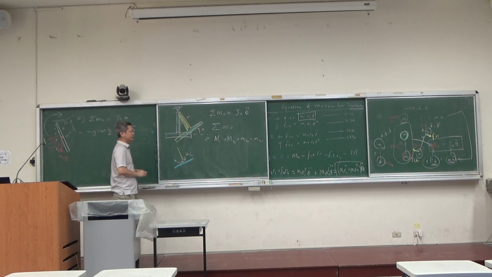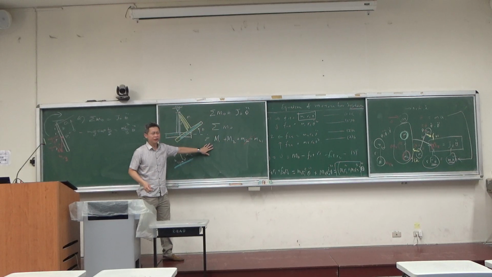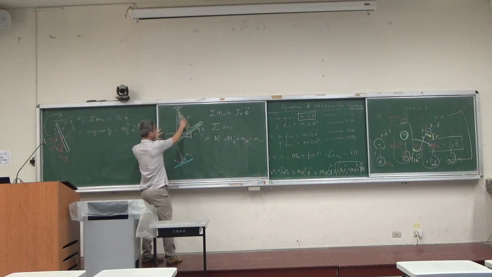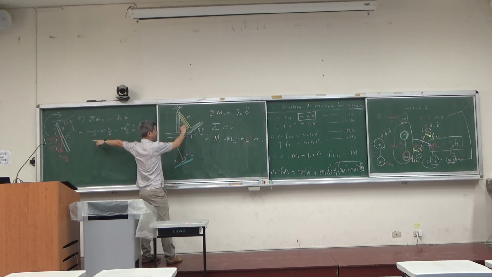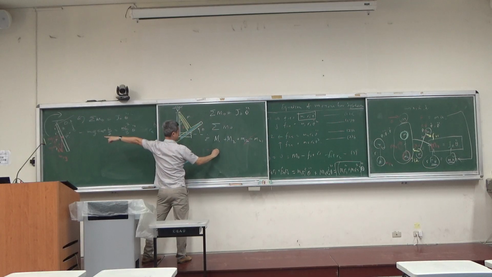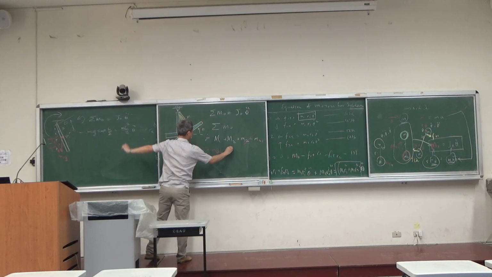So in the end, what is moment 1? Moment 1 is due to the vertical rod. We wrote it before: minus m1g L over 2 sine theta.